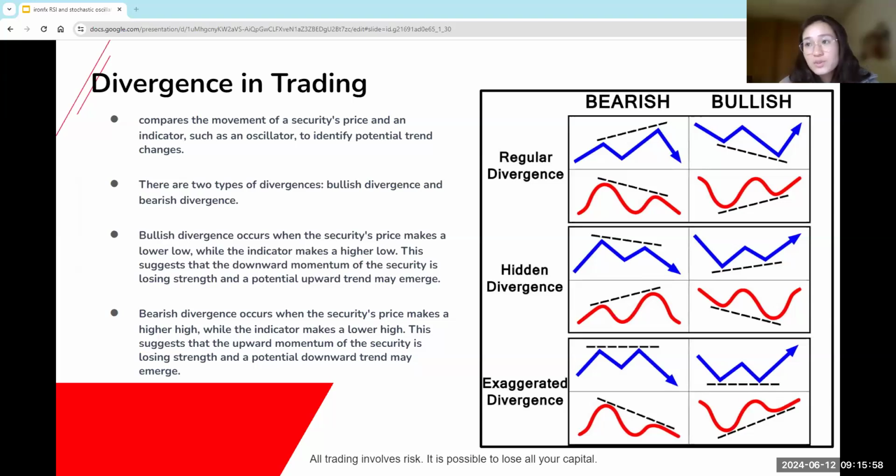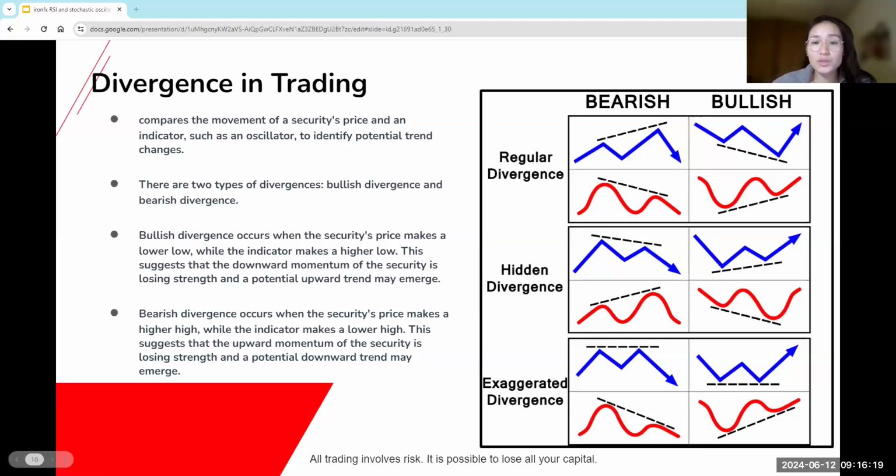There are two types of divergence, your bullish and your bearish divergence. I have some examples here of bearish and bullish divergences. There are regular, hidden, and exaggerated divergences, but let's firstly focus on our regular divergence.